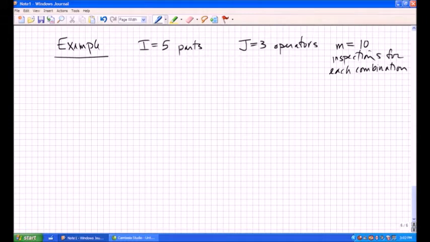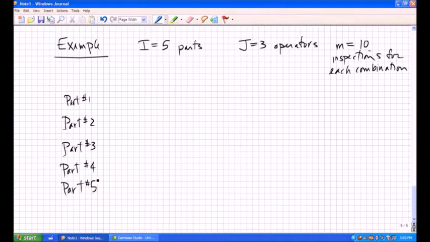And I want to lay out some hypothetical outcomes here. So here's part number 1, part number 2, part number 3, part number 4, and part number 5 as rows on a table.